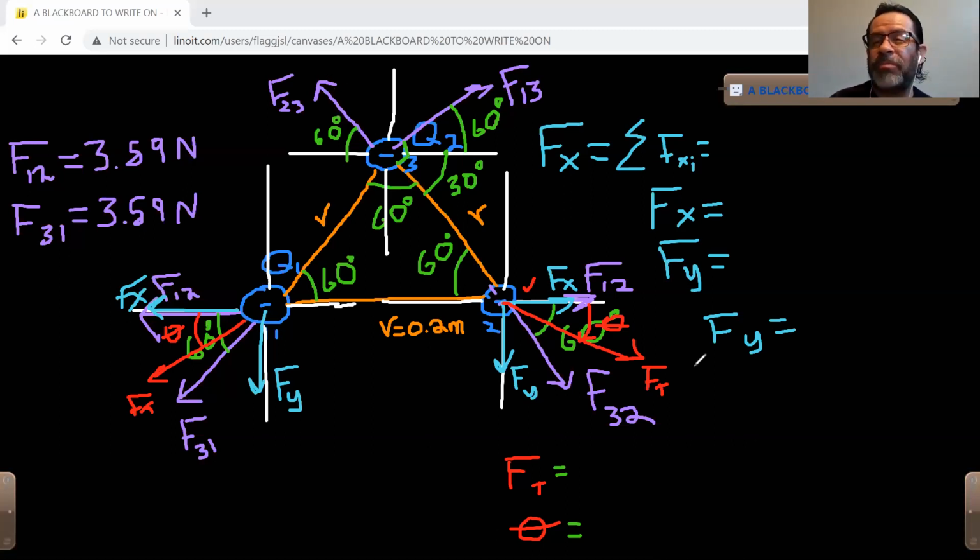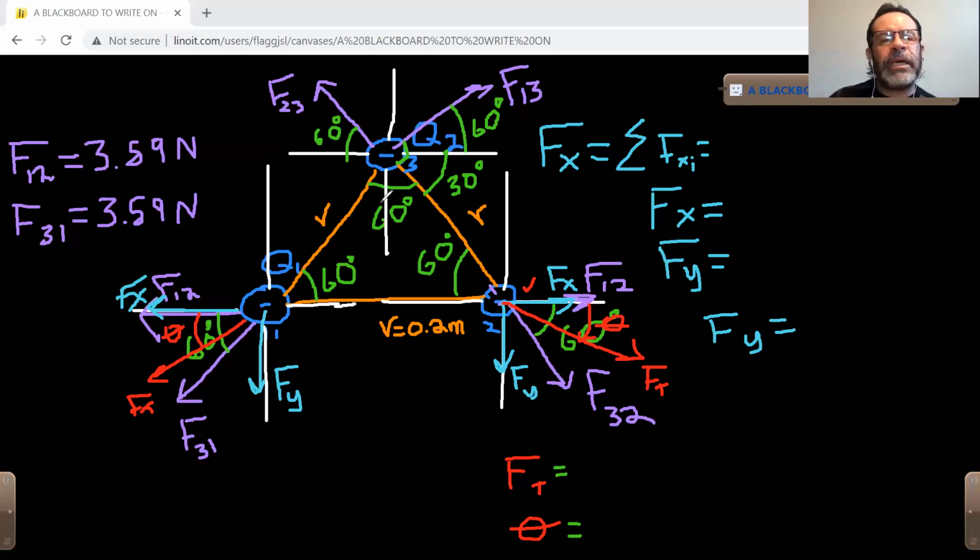I'm doing it this way purposefully so we can see the difference, but we could have put the free body diagram like this, and that would have been a very direct calculation. If you do that, it's correct, and you're going to get the same result. I'm not going to do it right now because I'd have to redraw everything, but yes, that would be correct.